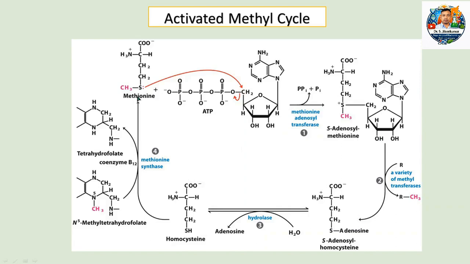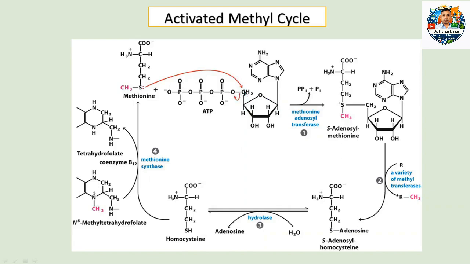So during the formation of S-adenosyl methionine, methionine reacts with ATP. The reaction starts when a lone pair of electrons attacks the carbon number 5 of the ribose sugar of this adenosine. So there is formation of a covalent bond between the sulfur of the methionine and the carbon number 5 of the ribose sugar.